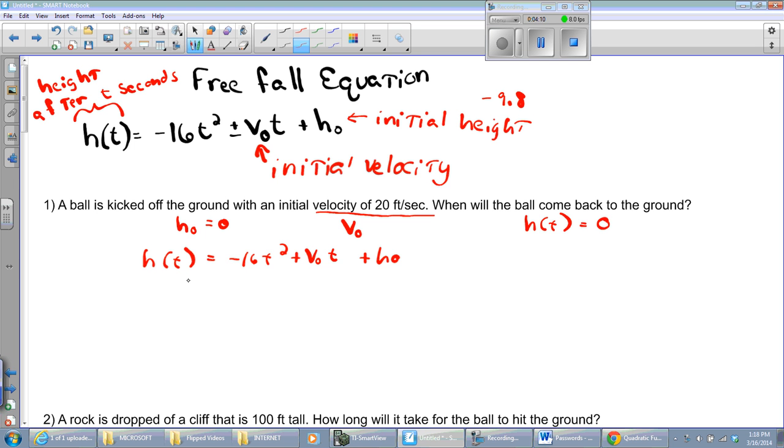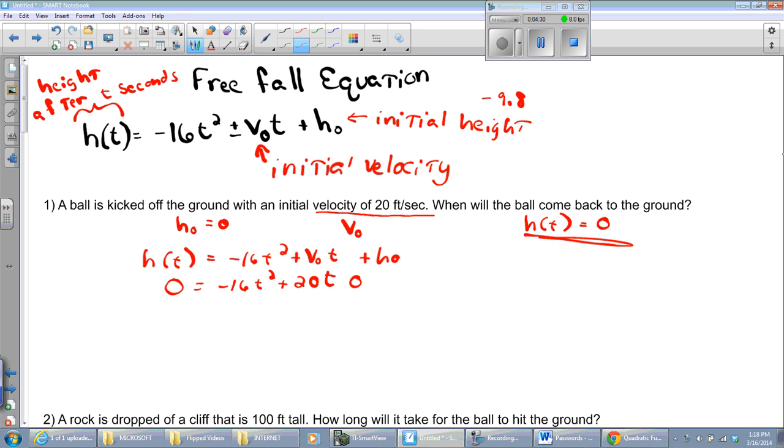All right, so now I know this is 0 because I'm wondering when it's going to hit the ground, right? Negative 16. I don't know the time. That's what I'm trying to figure out. The initial velocity is 20 feet per second. I don't know the time. And this is 0.